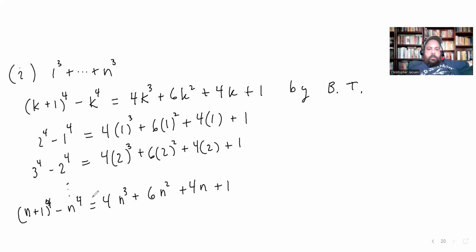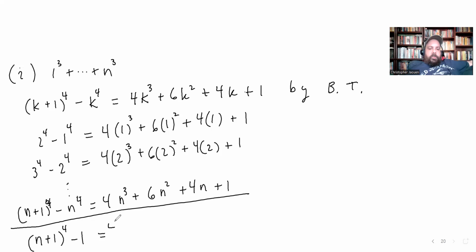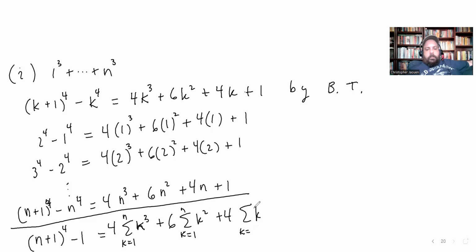Right, and when you add all those things together, you get (n plus 1) to the 4 minus 1 equals 4 times the sum of the first n cubes plus 6 times the sum of the first n squares plus 4 times that plus n.